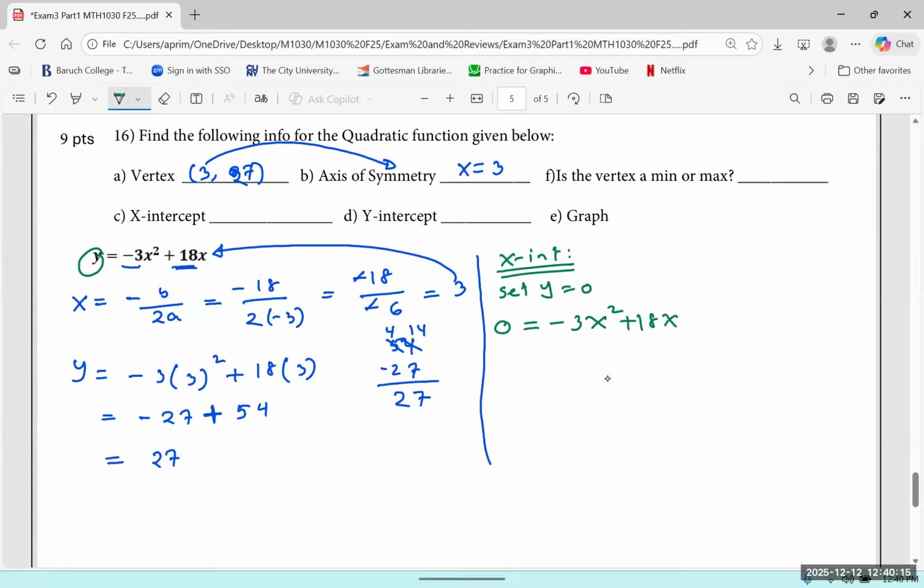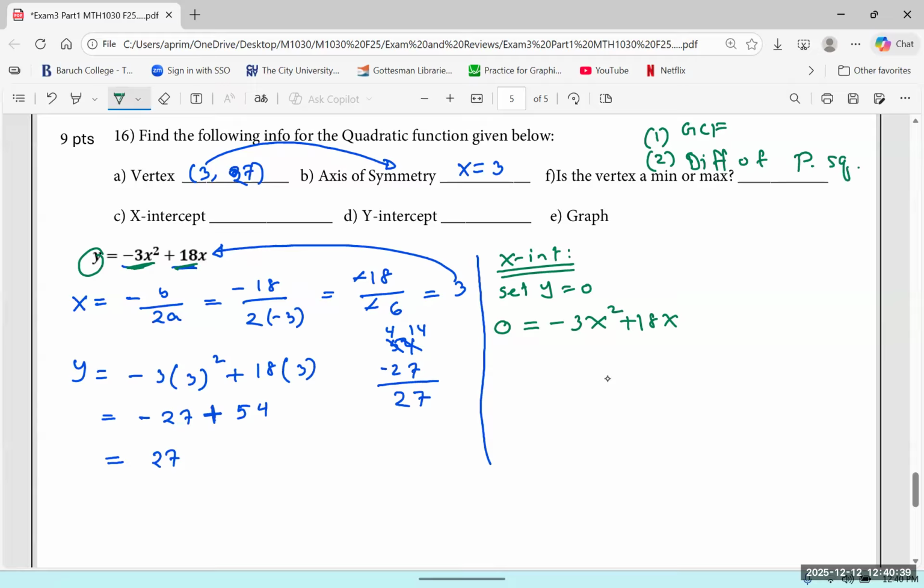Even though just before the exam, in the review day, I said that for two terms, you have only two choices. Either you can pull out a GCF, or maybe it's a difference of perfect squares. There are only two choices.